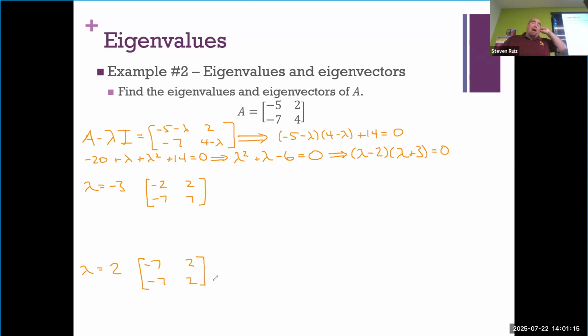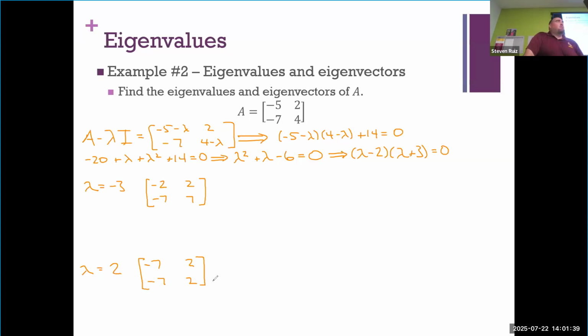Make it really obvious that the rows are dependent on each other if they're the same. So it sounds like both of our eigenvalues are good. They give us these matrices that have linearly dependent rows. So I think we've confirmed both of our eigenvalues are correct.